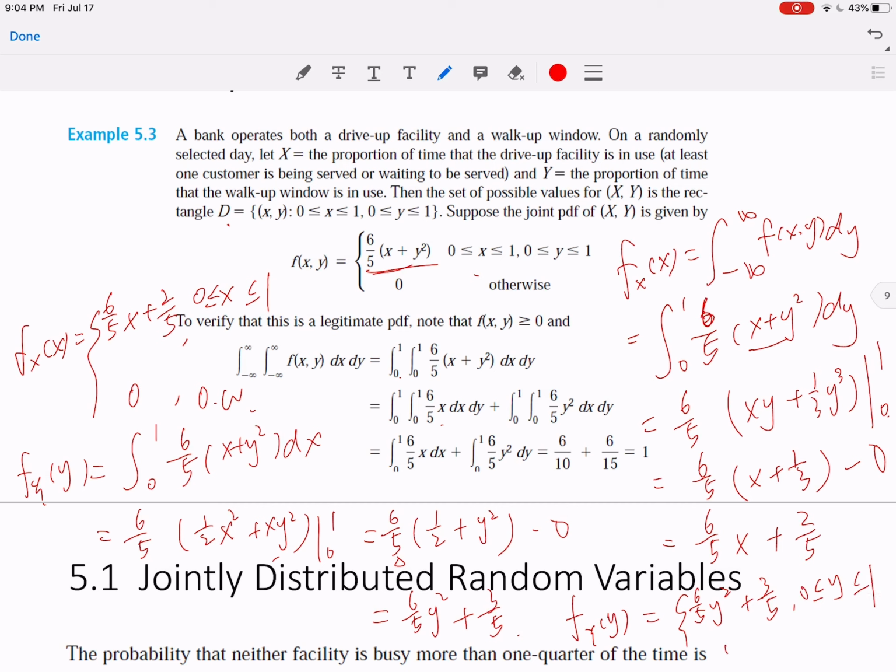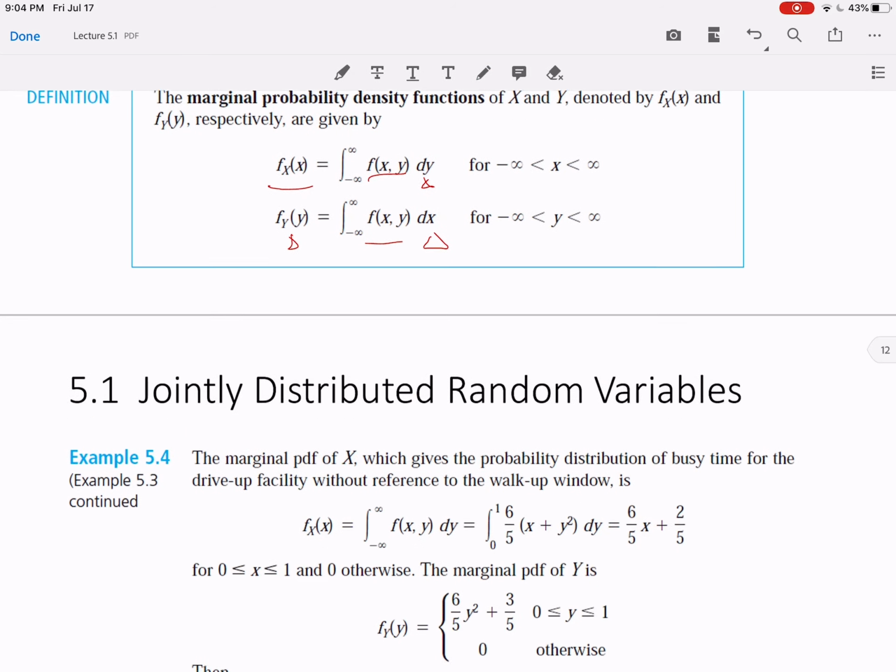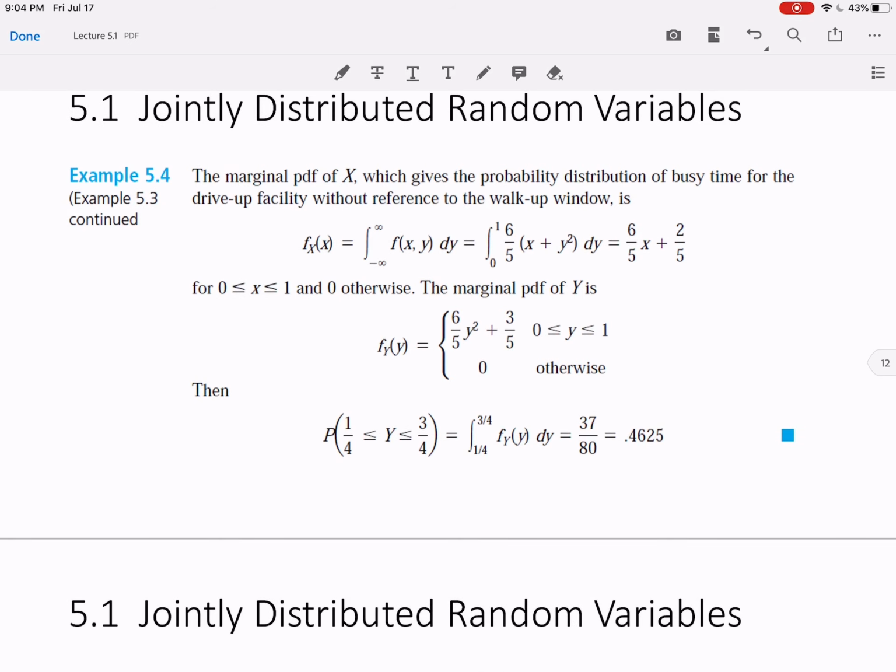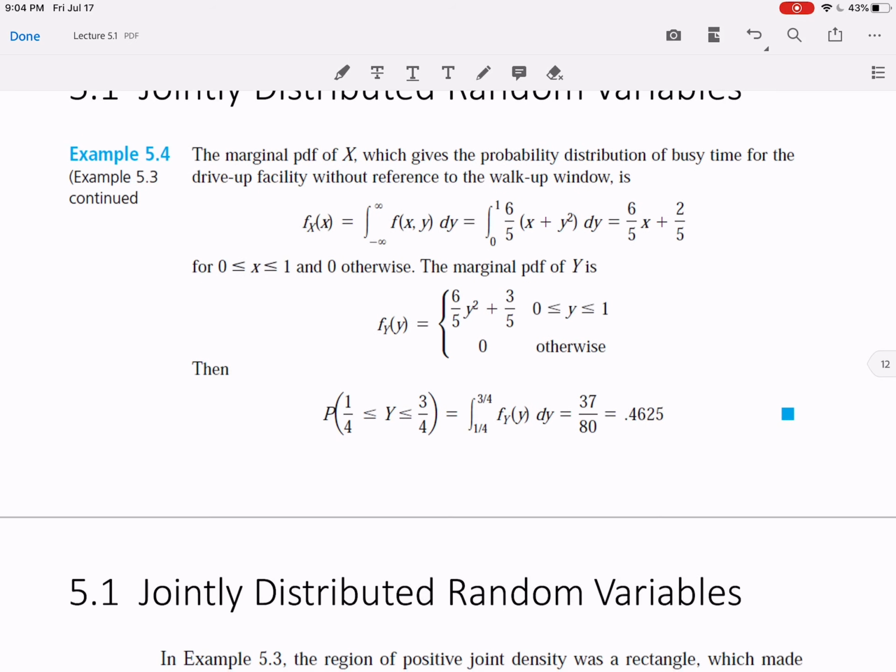What about otherwise? Of course, 0. Don't forget the otherwise part, okay? If you want to get the full credits. All right, that's pretty much how to find the marginal PDF with the given joint PDF, okay?